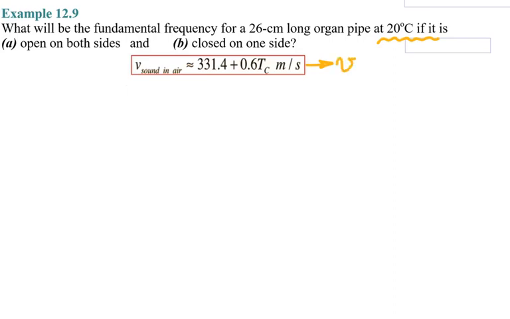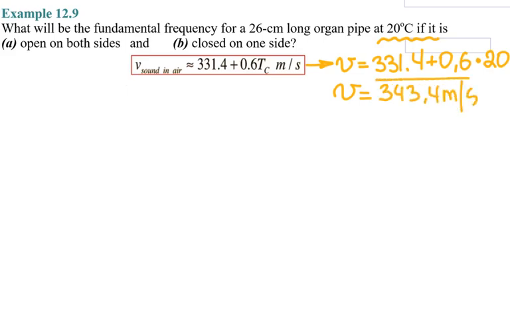The velocity of sound is equal to 331.4 plus 0.6 times the temperature, so that is 20. So the velocity of sound depends on the temperature. In this case, the velocity of sound is equal to 343.4 meters per second. So I have to use this velocity unless they don't tell me any temperature, then I will take 340.